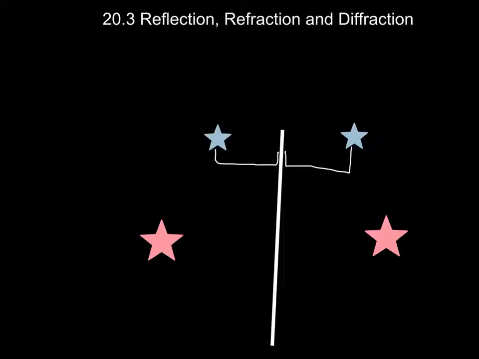So what does that mean about the pathway that the light is going to take when we see the reflection? So let's create another object here, and let's call that object the observer. So if our observer is down here, this circle, and we want to figure out what is the path of the rays that allow the observer to see these objects, the first thing we want to do is look at what is the straight line between the observer and each of the objects.